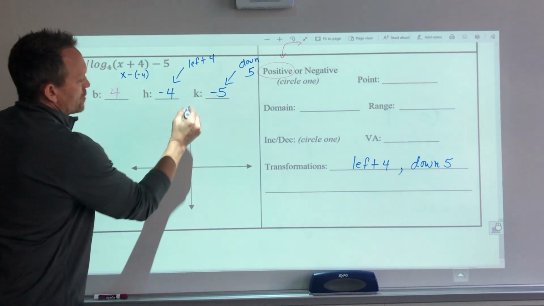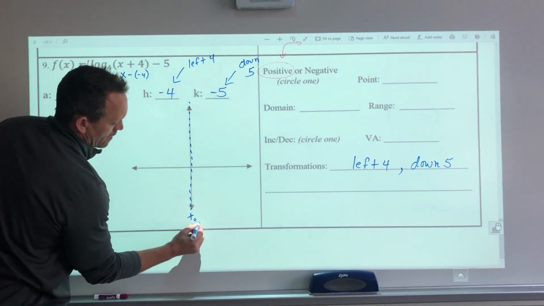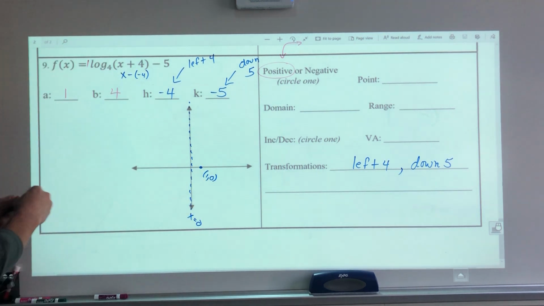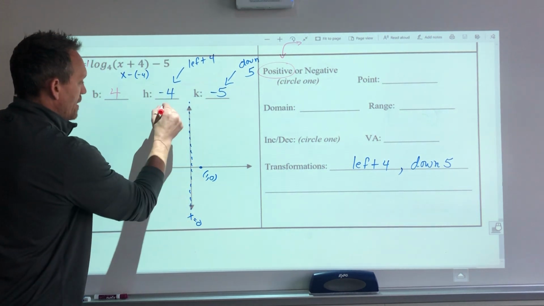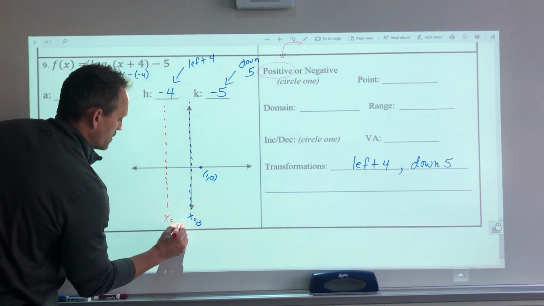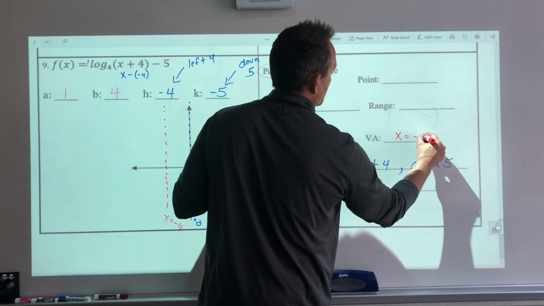So if I go back to my original points and stuff, x equals 0, 1, 0. And this is going to help a lot of you guys. You'll be lazy and won't do it, but it'll help you. Left 4 means I'm going to take this thing to x equals negative 4. So now that's my vertical asymptote.